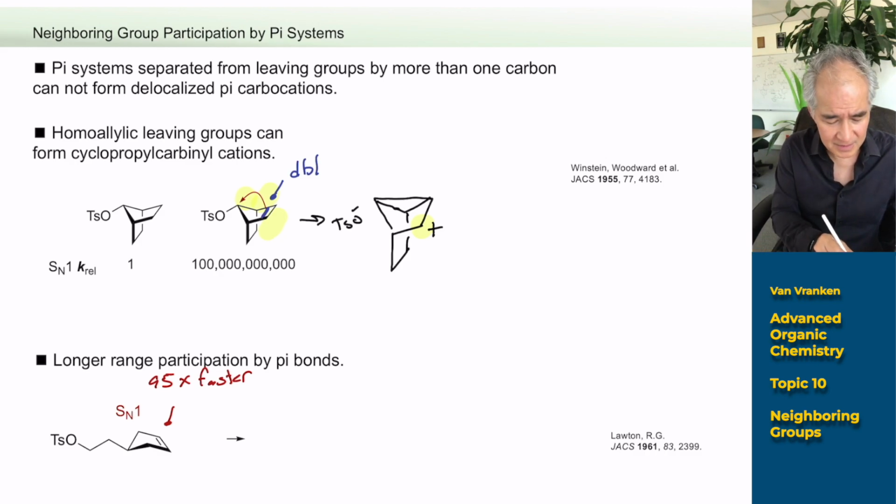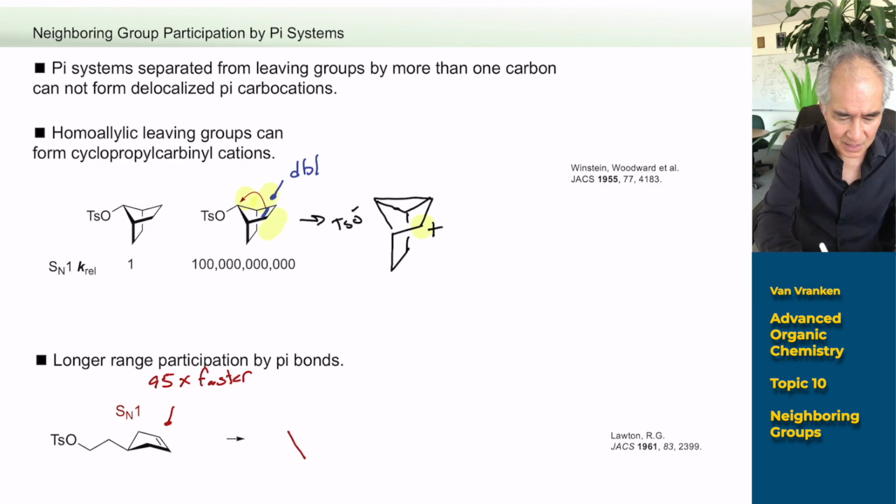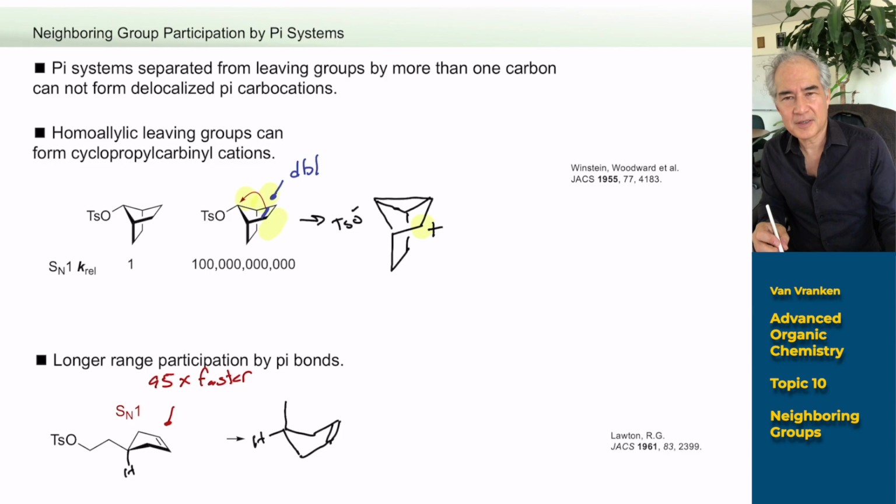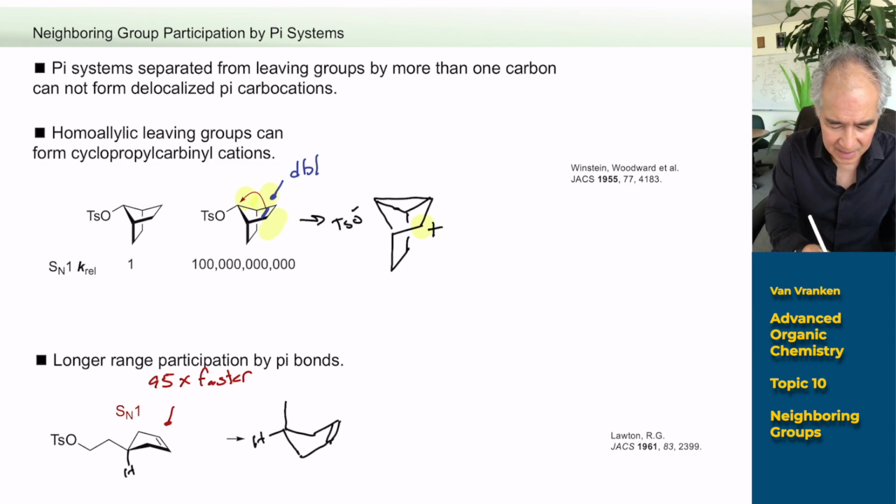Well, this bottom molecule here can spend some time in its chair-flipped conformation. So let me go ahead and draw the chair-flipped five-membered ring, like this. There's my pi bond. And if I chair-flip that, there's an H on the bottom here. If I chair-flip that, this alkyl group with the tosylate can spend a little bit of its time in this conformation.